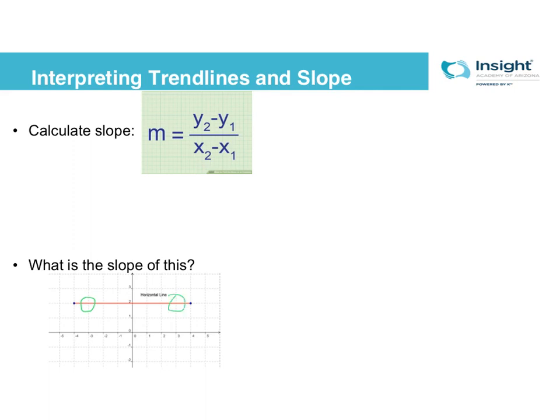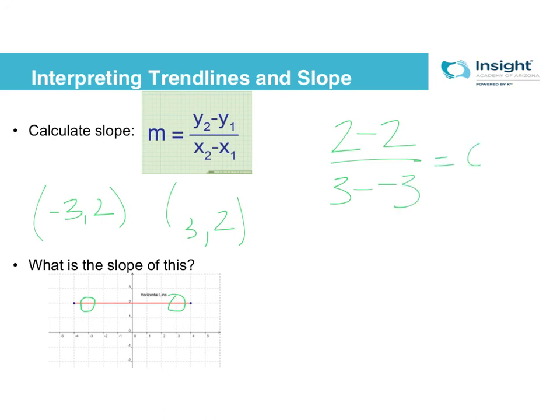So I've got negative 3, 2 and 3, 2. So I'm going to have 2 minus 2 over 3 minus negative 3, which is going to be 0 over 6, or 0.